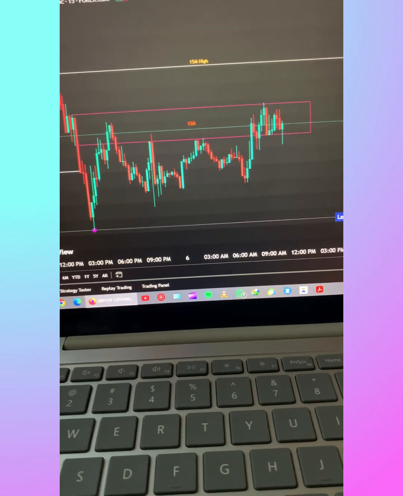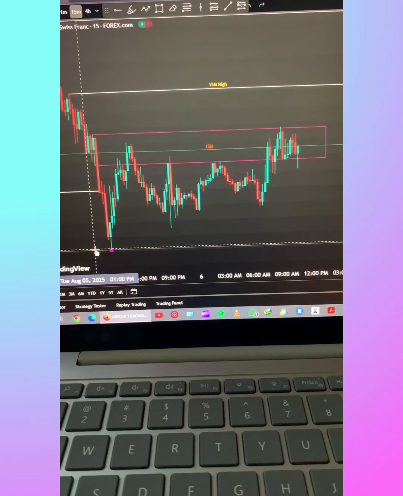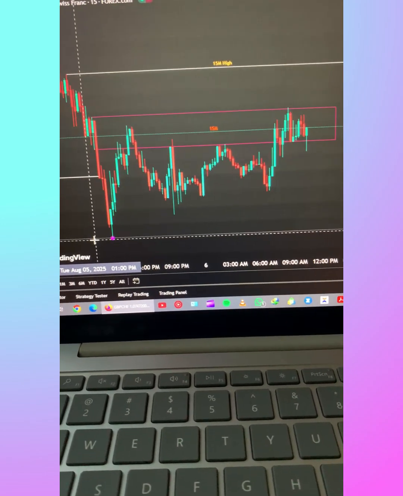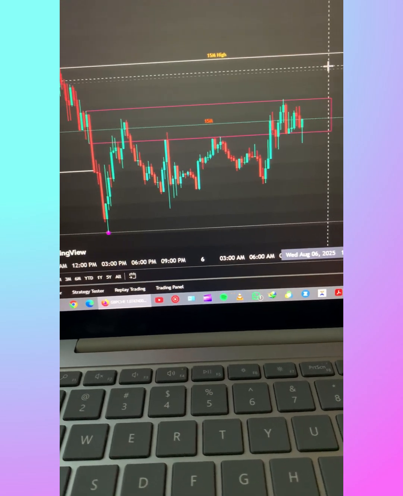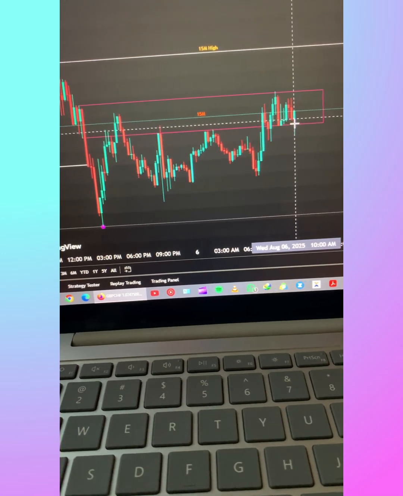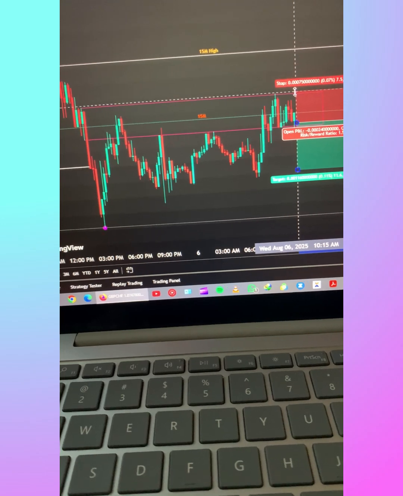It might go against me for a loss, but even if it's a loss, I'm still not gonna bother about it. So my SL is just above the range, going for 1:3. I took the trade just right here before this massive rejection. SL below this range.